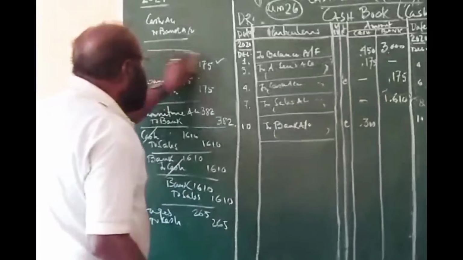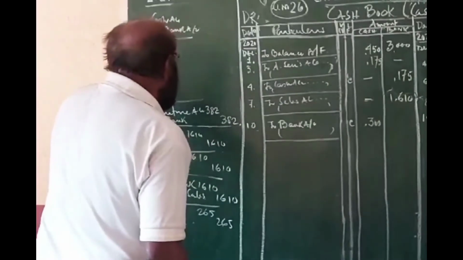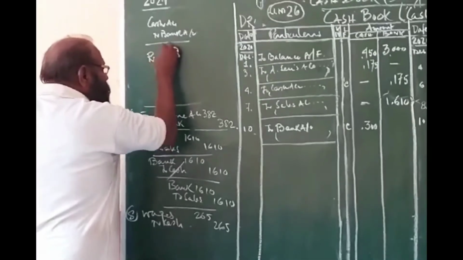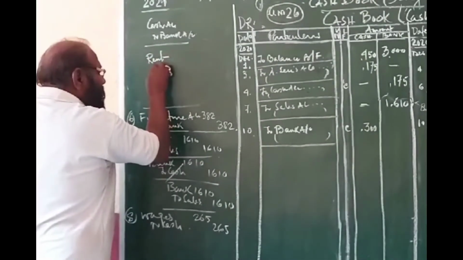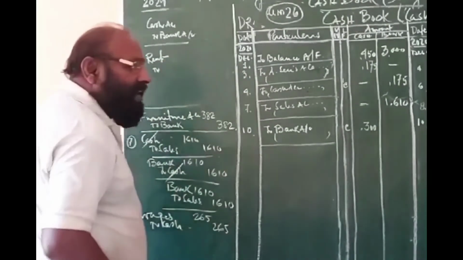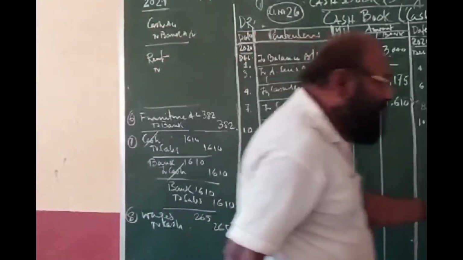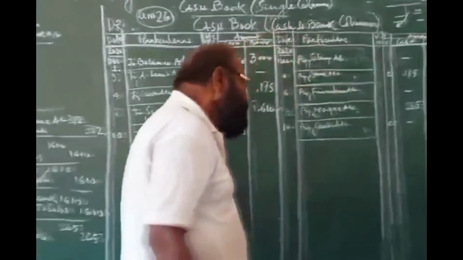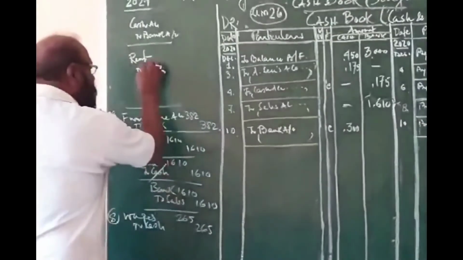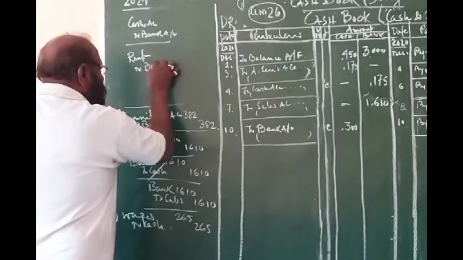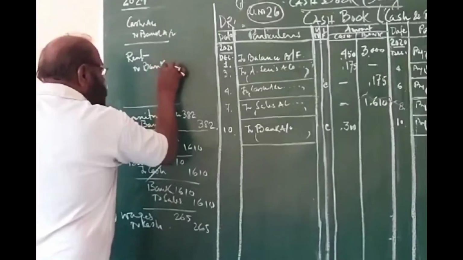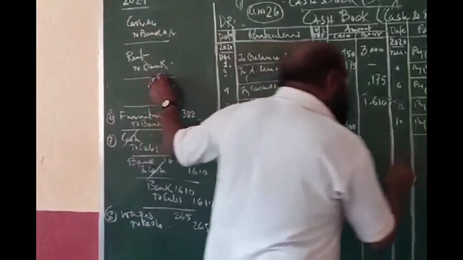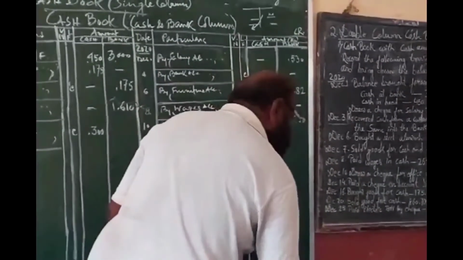What comes in? Nothing is coming in. What is going out? Nothing is going out. So for what purpose? It is for the purpose of rent. So it is rent account debit. And what goes out? Cash is not going out. What you are giving is a check. So the payment will be made by bank. So bank account is credited. Rent account debit to bank. Clear? Now in the bank account it is by rent.